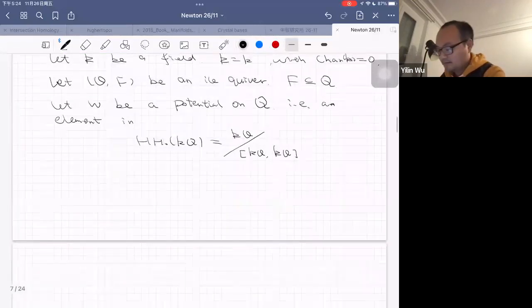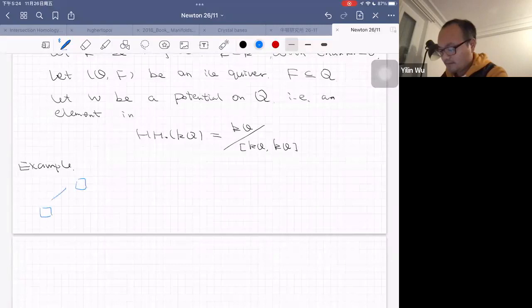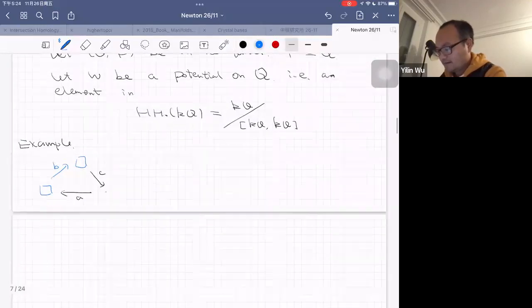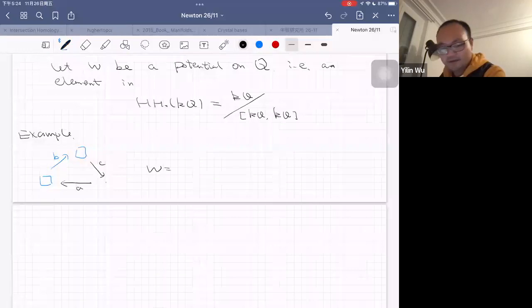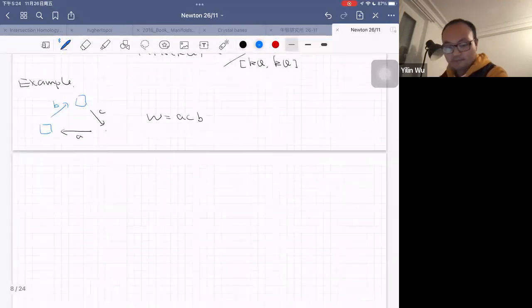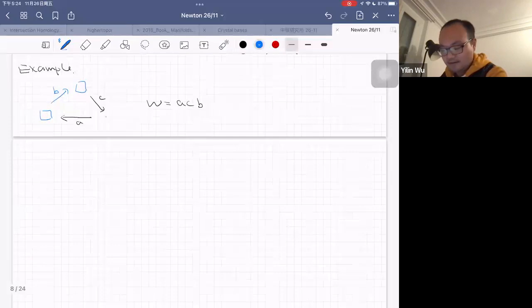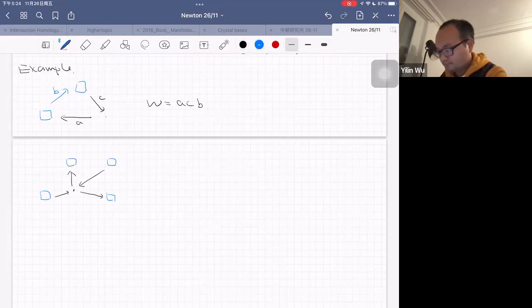For example, in this simple example, we take W to be the 3-cycle. And in the second example, we consider a pair of quivers.